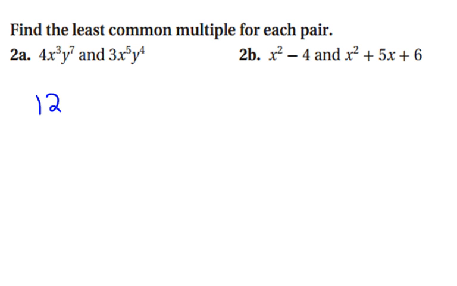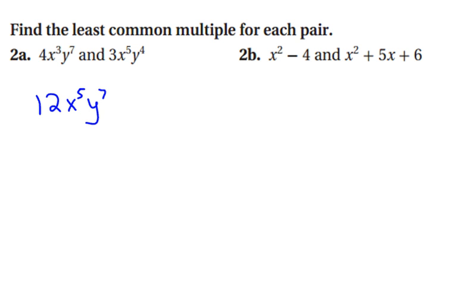On the left, we have 3 x's, and on the right, we have 5 x's. If we have 5 x's, we're good to go, because we have the 3 from the first one included in that. And then we have a y to the 7th and a y to the 4th, so we're going to need 7 y's. So that is the least common multiple of those two things.